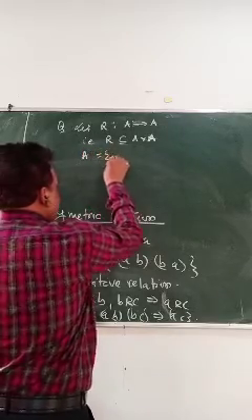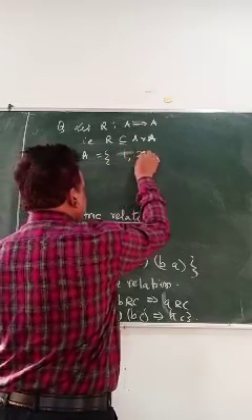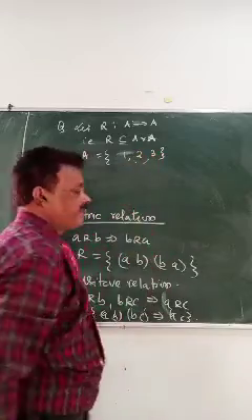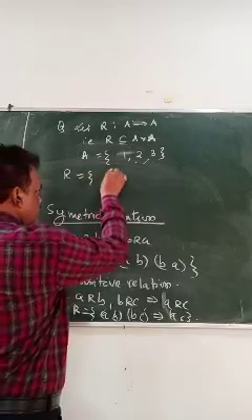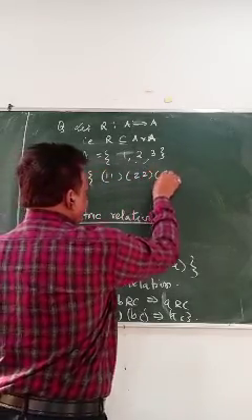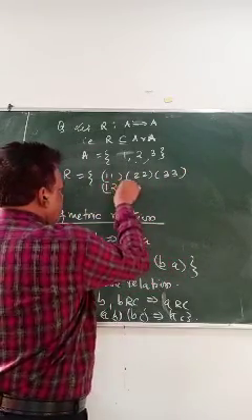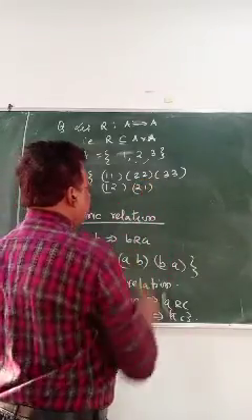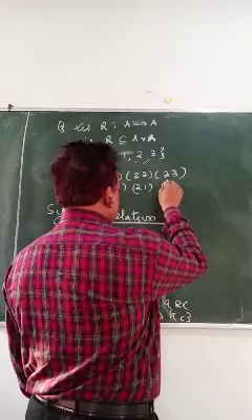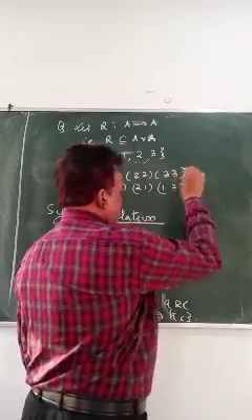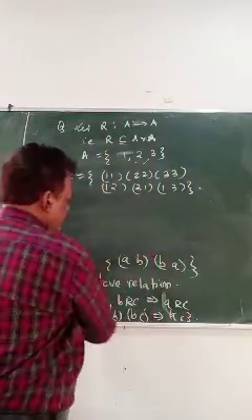A is defined as, suppose, elements 1, 2, 3. From here R is (1,1), (2,2), (3,3), (1,2), (2,1), then (1,3). Verify if R is reflexive, symmetric, transitive.